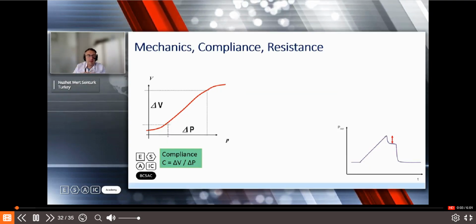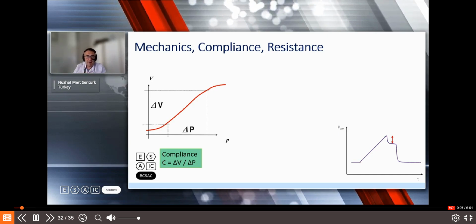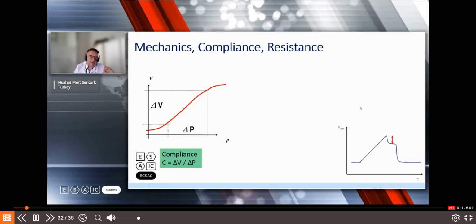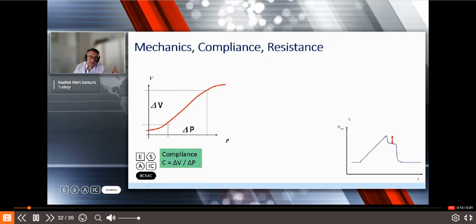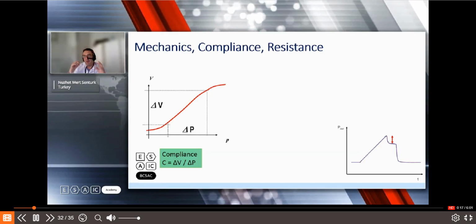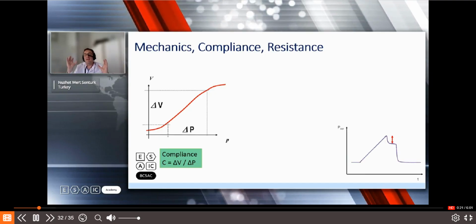Let's talk about some terms in respiratory mechanics. What is compliance and resistance? First, about the compliance. In the previous slide, I said something about the analogy of the balloon as a toy and the alveoli. As a matter of fact, think about it.